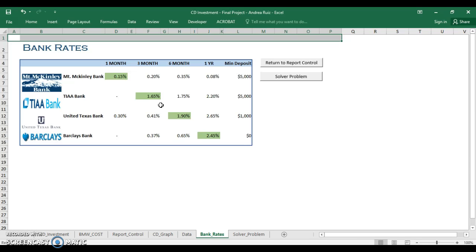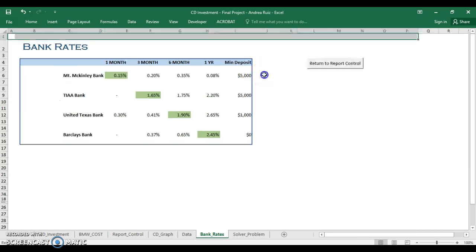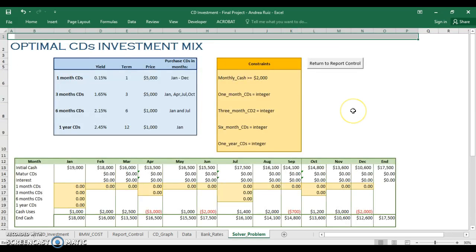So now we can proceed to the solver problem. Now my plan is to invest $19,000 during a period of 1 year, making sure that the principal and the interest from maturing CDs can give me a cash safety margin of $2,000 per month.